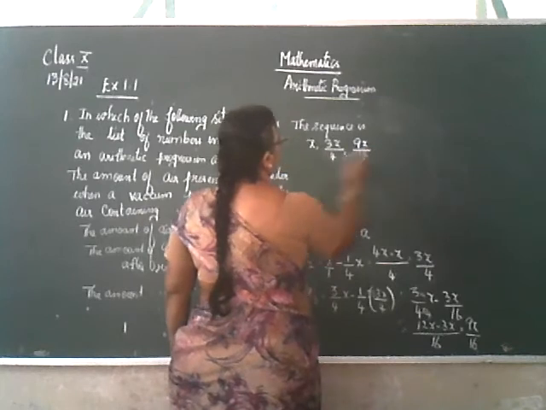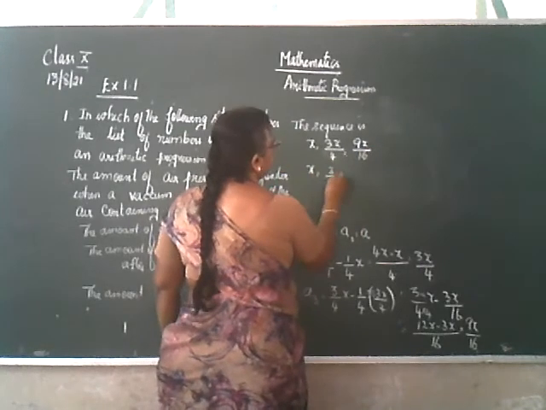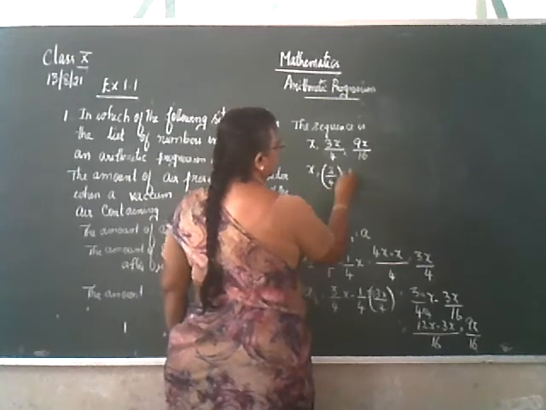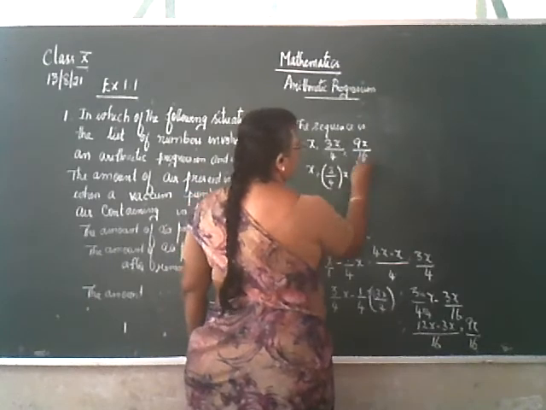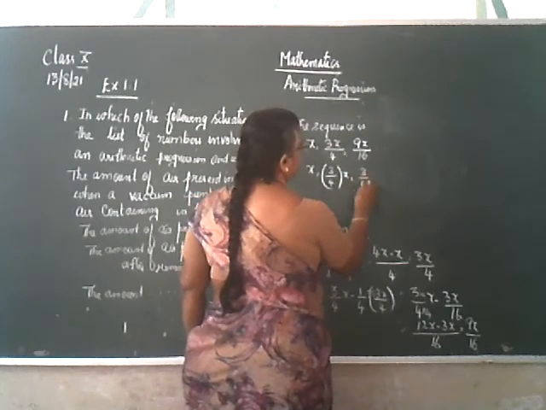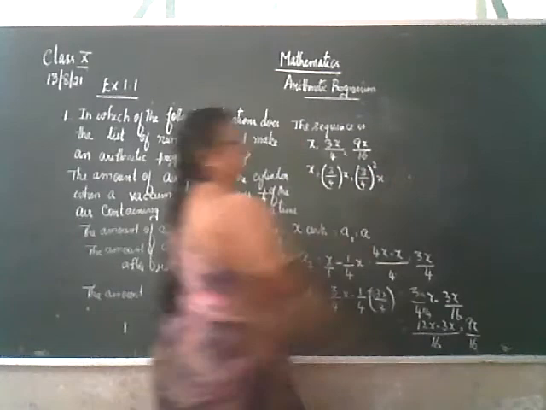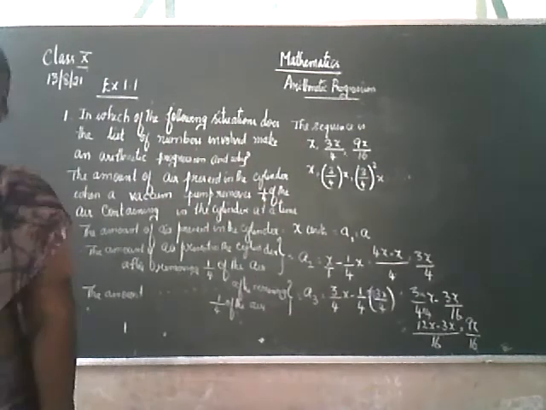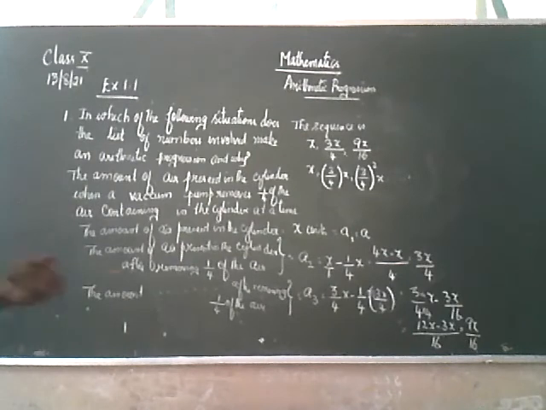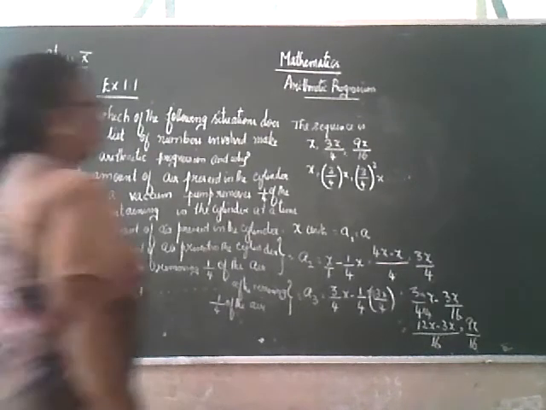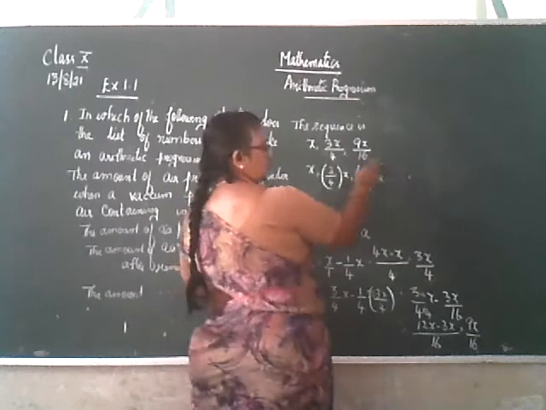So this you can also write as x, 3 by 4 into x, 3 squared by 4 squared, isn't it? So I can write 3 by 4 the whole square of x. 3 squared is 9, 4 squared is 16. So when you see this, you can know that the difference is not constant because it is 3 by 4 the whole square.